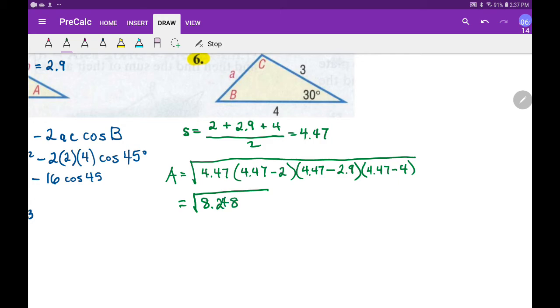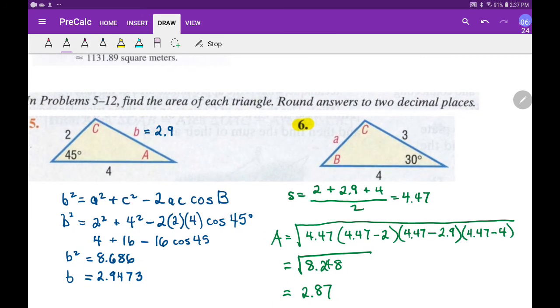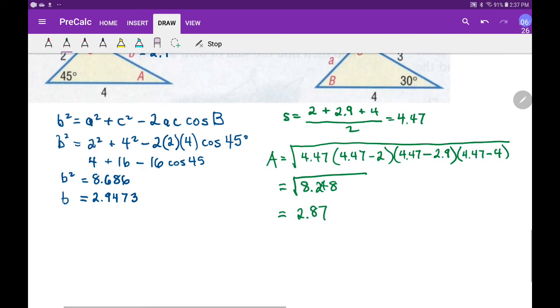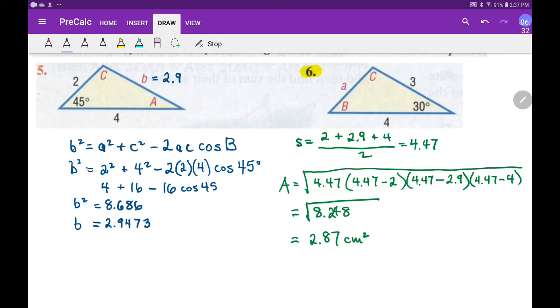Which means, when I take the square root, that the area is equal to 2.87. Any units on these things? There are no units. Let's just say it's centimeters. So we'd say centimeters squared. If these are centimeters, you know, or units squared or whatever.